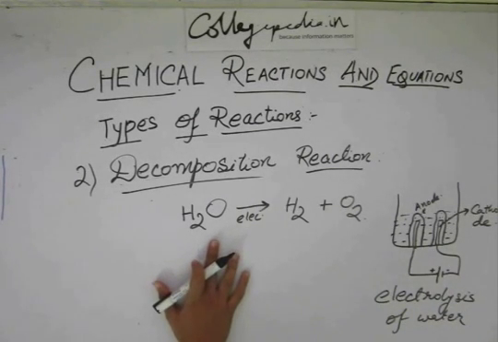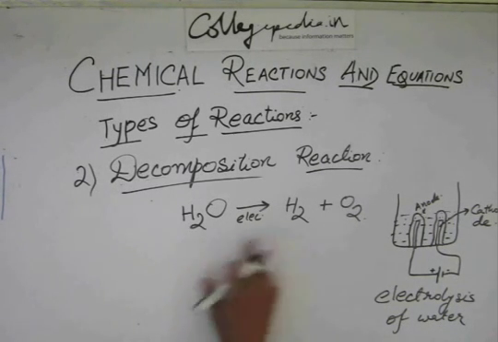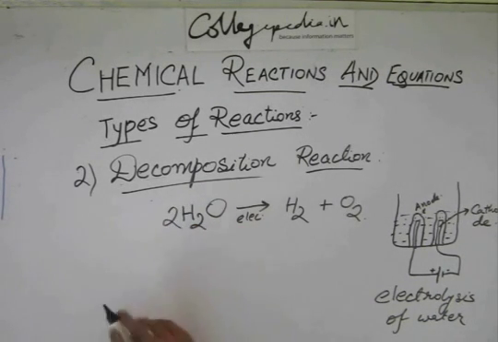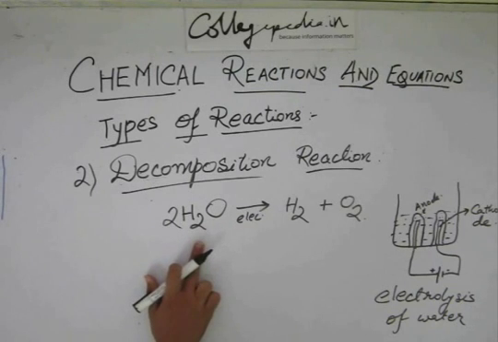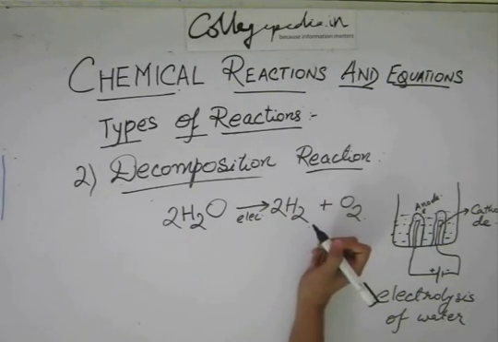And if you balance this equation, you'll see hydrogen is the same on both sides, oxygen is 1 over here, 2 over here. So multiply this with 2, and then it has become 4 hydrogen, so multiply this with 2. So now it's balanced.